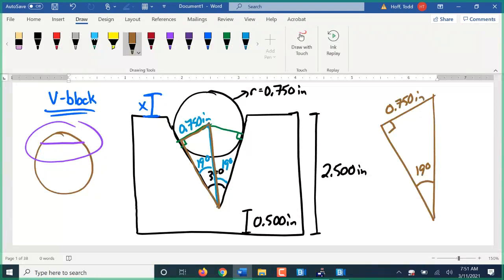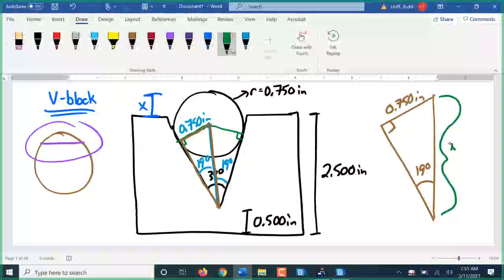What I'm interested in here is that height. That is the hypotenuse of our right triangle. According to our 19-degree angle, the 0.75 inches is the opposite side.